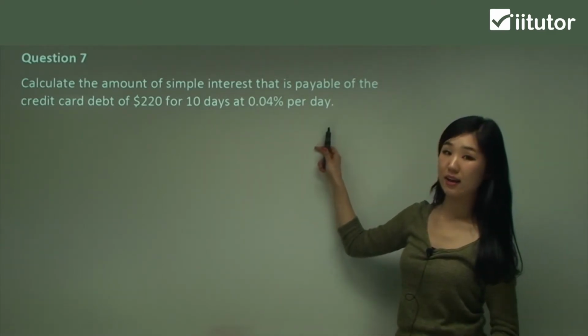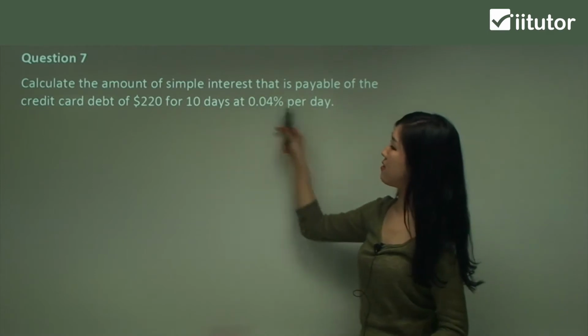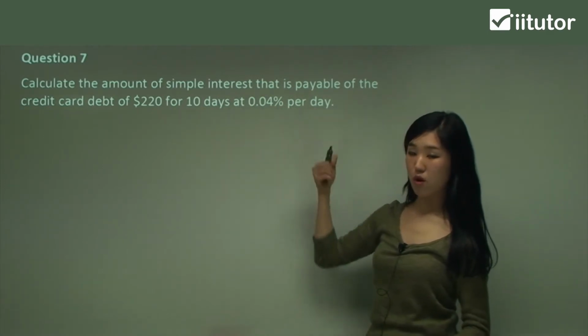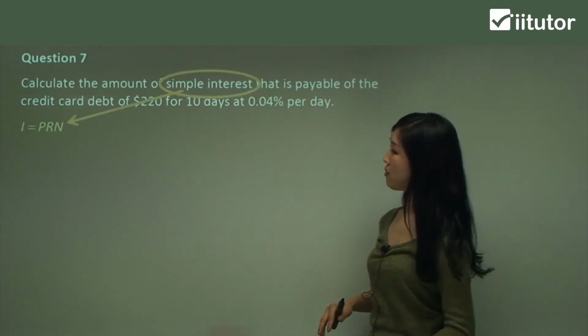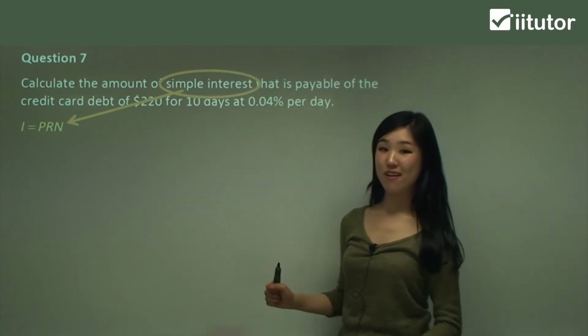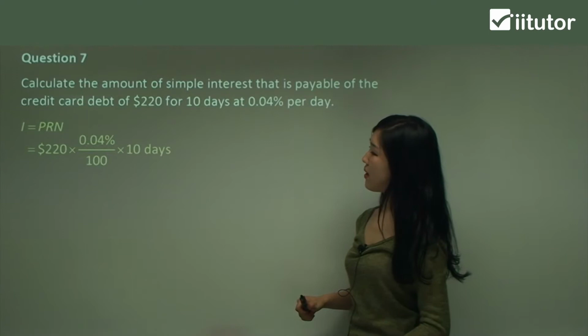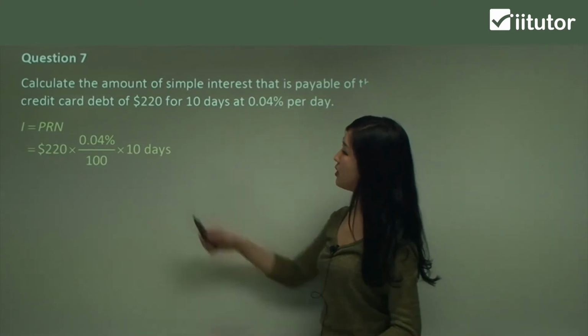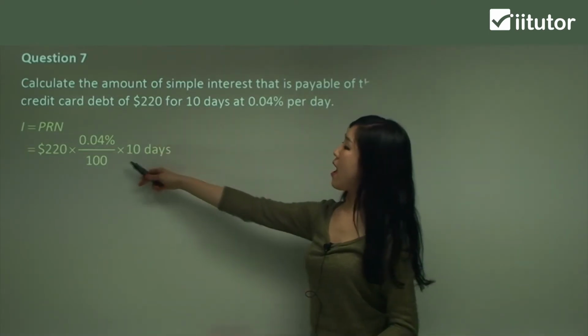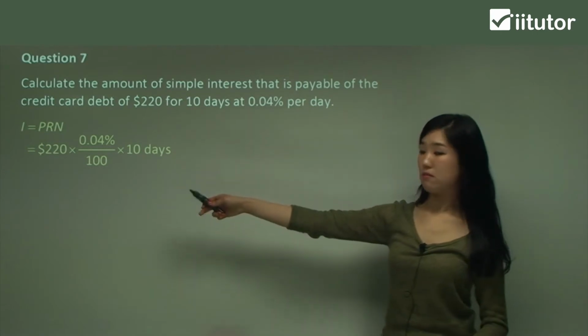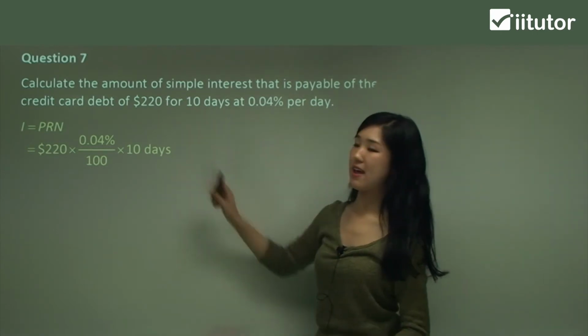As you can see, it's in the same units, so we don't have to worry about changing units. I'm simply going to use our I equals PRN formula. Hope that's stuck in your head by now. So it's going to be $220, that's our principal, and the 0.04%, and then times 10 days.